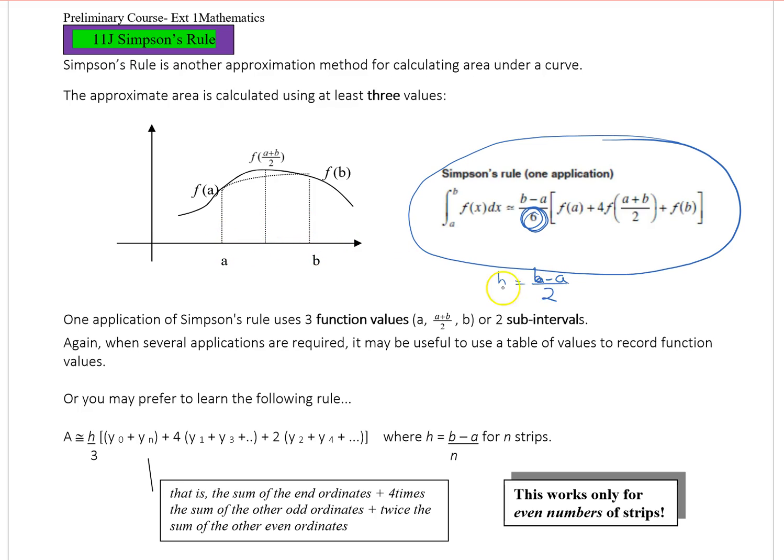B minus A and halve it, and all of that had to be divided by 3, so because it's h on 3, that's where your B minus A on 6 comes from. First function value, last function value, and 4 times the function value in the middle. That just seems like a bit of a complicated way to write it. It's there on the reference sheet in that format if you don't have any issue with it.